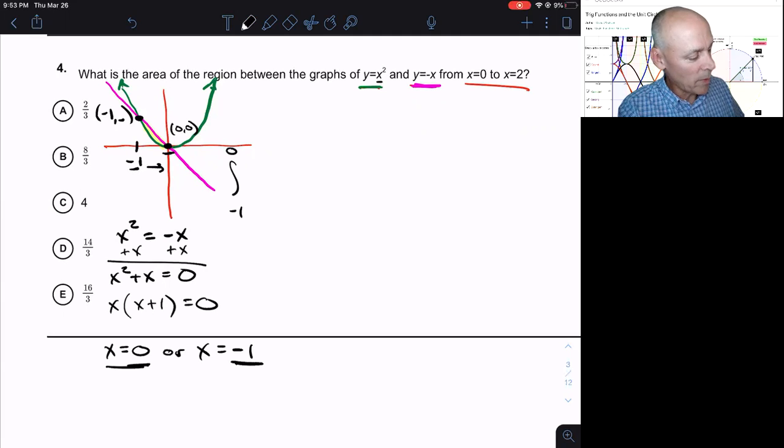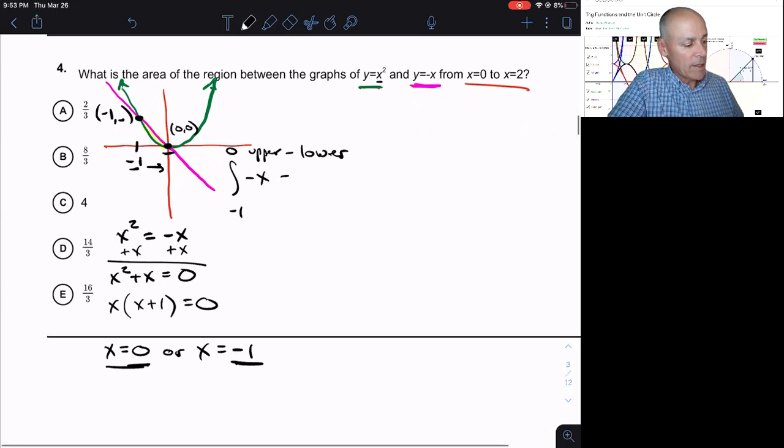And my upper function is the pink function, which is -x. So I want to put upper minus lower, and my lower function is x squared, so minus x squared dx.